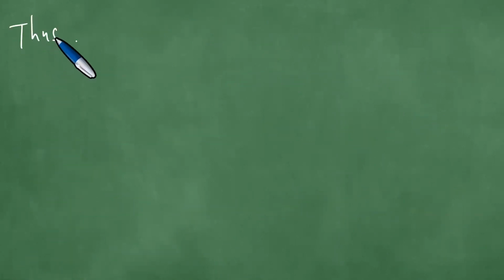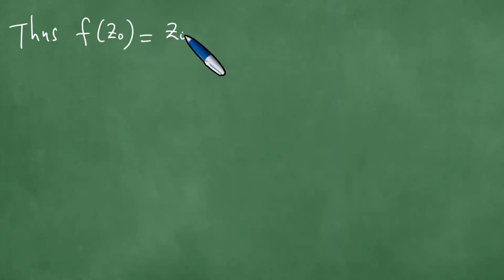Thus f of z0, z0 squared plus 1 divided by z0 cubed minus 9, is defined in the region.